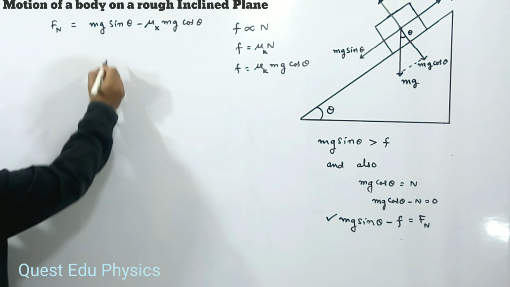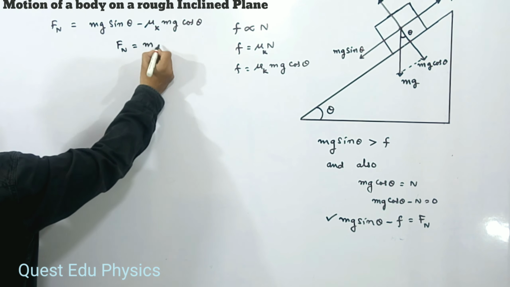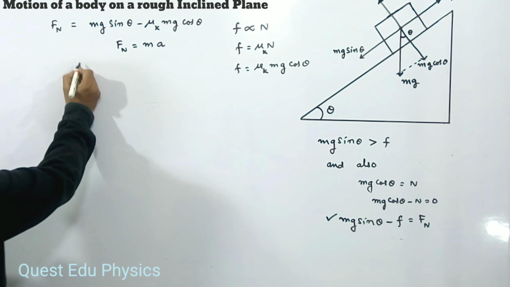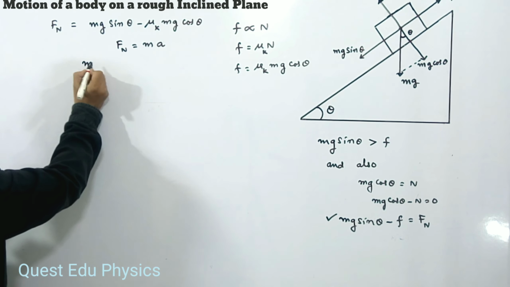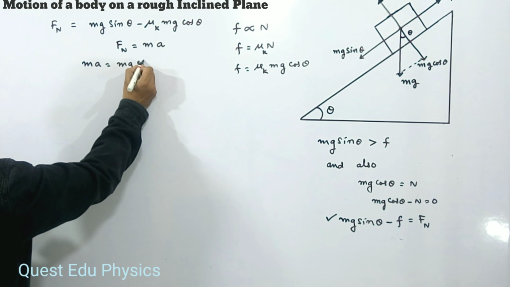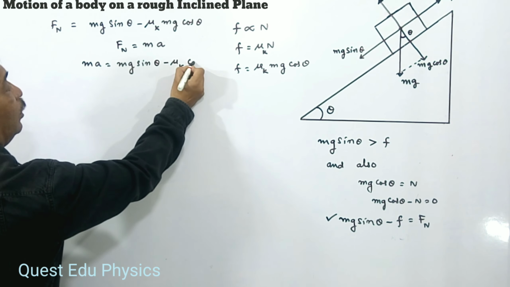Here the net force is equal to the mass of the body multiplied by the acceleration. Then it can be rewritten as ma is equal to mg sin theta minus mu k mg cos theta.